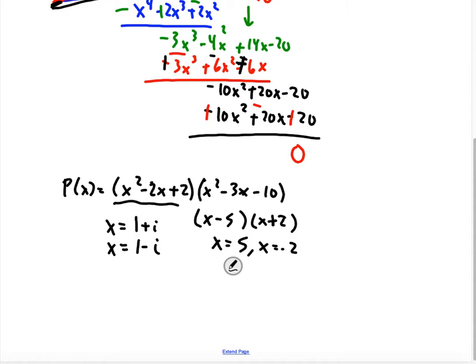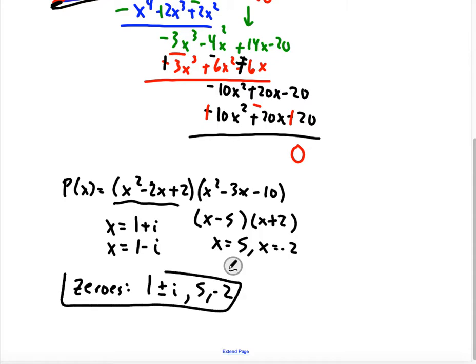All right, so then let's list out our zeros. I'm noticing that those numbers, 5 and negative 2, came out really nice integers.